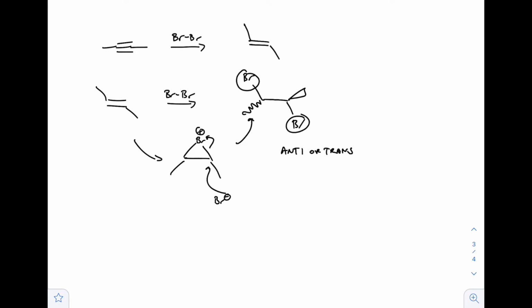That is basically the same case for the addition of a halogen to an alkyne. So after 1 equivalent, we get the trans dihalide. Okay, and after another addition of the halogen, we get essentially just a tetrahalide.